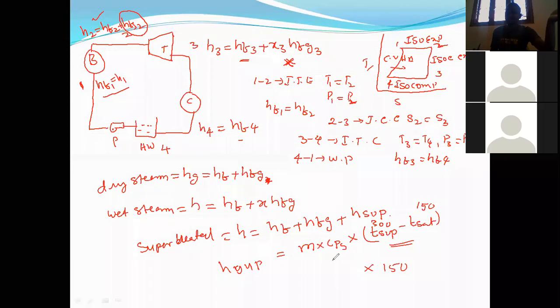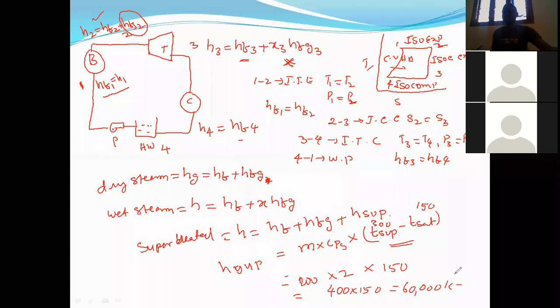If Cp of steam is 2 and the mass of the steam is 200 kgs, now this will be the superheat: 200 into 2 is 400, 400 into 150 is 60,000 kilojoules.